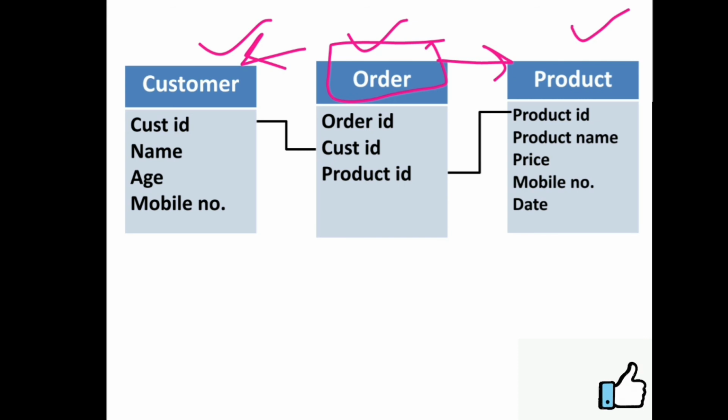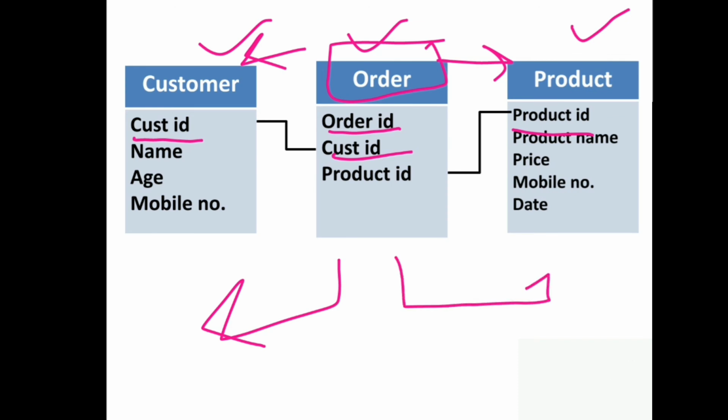Now we can see that the primary key of both customer and product, that is the customer ID and the product ID, are included in the linking table, that is the order table. So these keys act as foreign keys while referring to the respective tables from the order table. Alright? And here we are done with the many-to-many relationship.